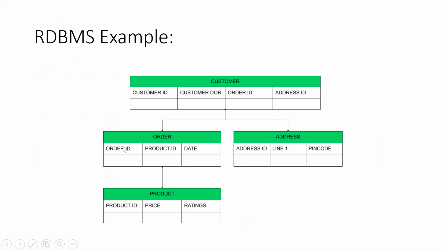In the order table, we have order ID, product ID, date. And there is another table called address. It has address ID, address line 1, pin code. There is a product table as well: product ID, price, ratings. Now you can see the customer table and order table have a common column name that is called order ID.